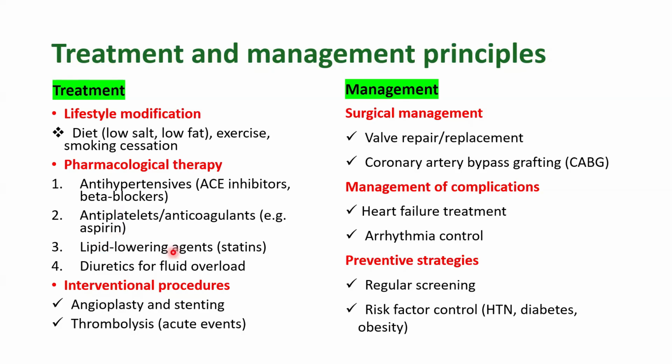If you have a lot of fat, you take lipid lowering agents. If you have kidney issues, you take diuretics. That's the management that you consider. And then preventive strategies: you do regular screening and risk factor control. So avoid hypertension, avoid diabetes, and avoid obesity.